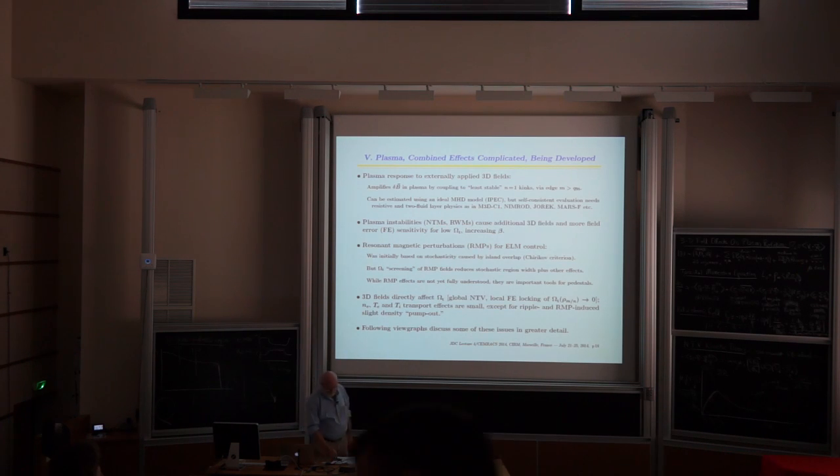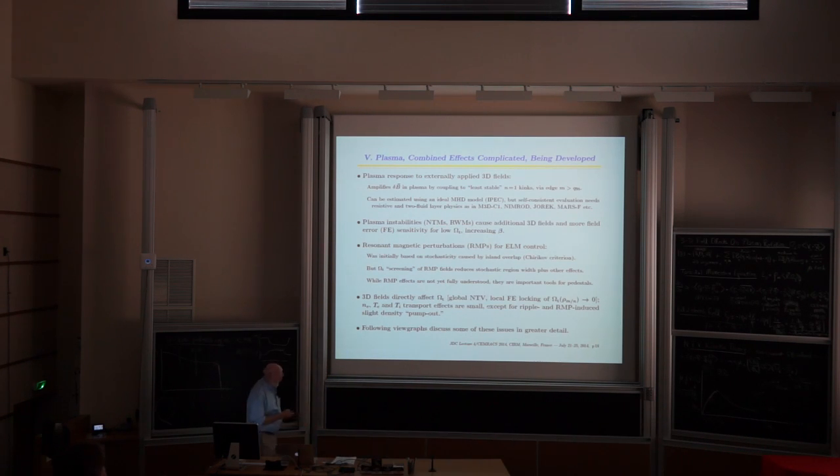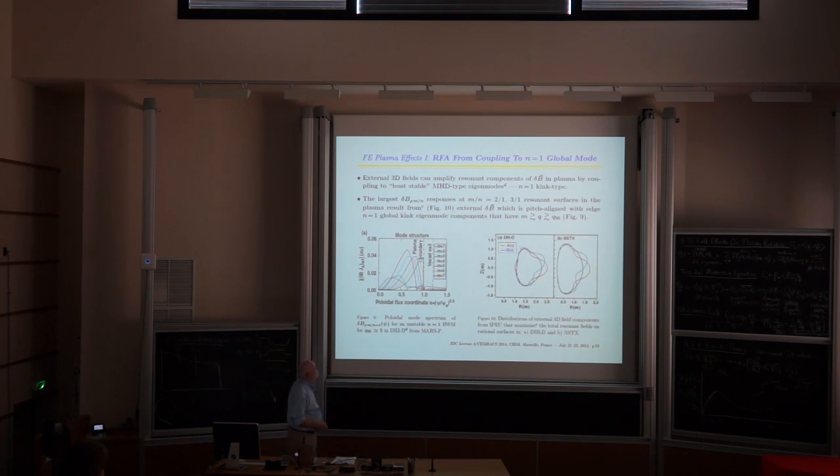Anyway, we better go to that later. Let me just put it this way. They're trying to put on extra fields to control these edge localized instabilities. And these 3D effects, as I'll show, mainly affect the toroidal rotation, not the density and temperature. And so we'll try to go through a few of these things.